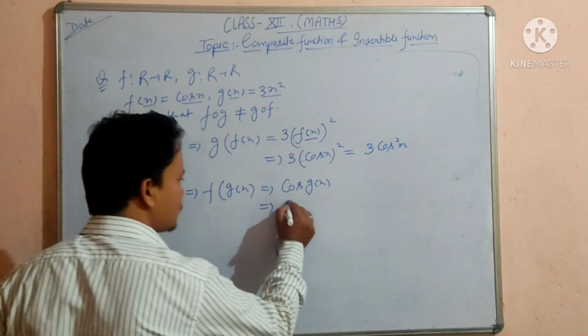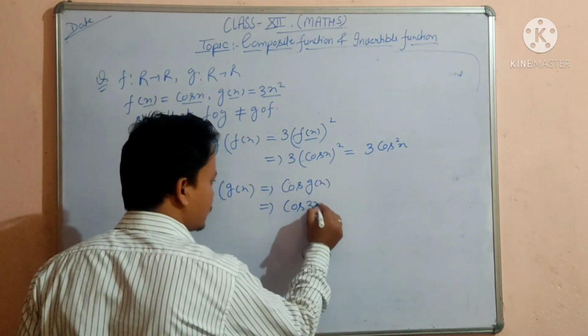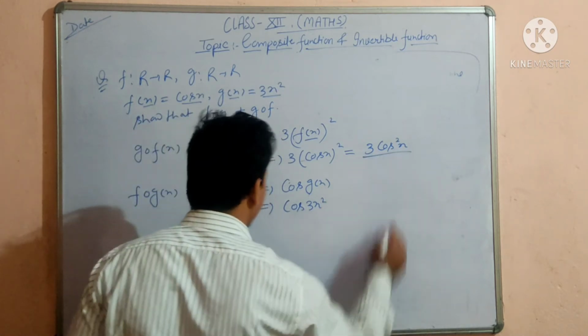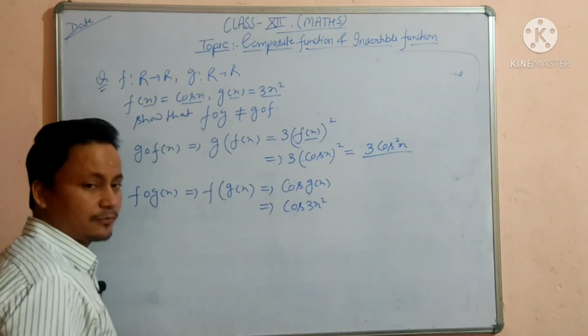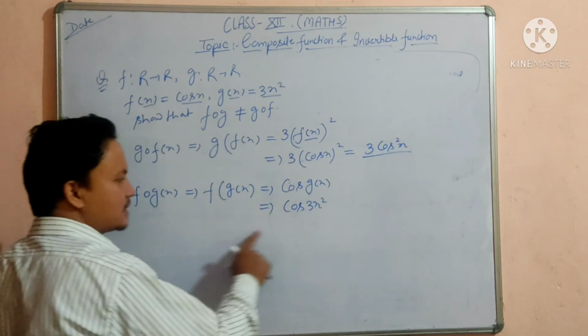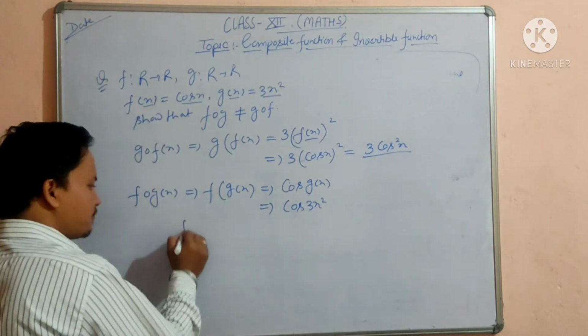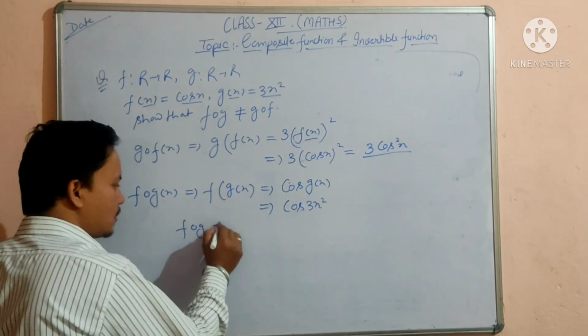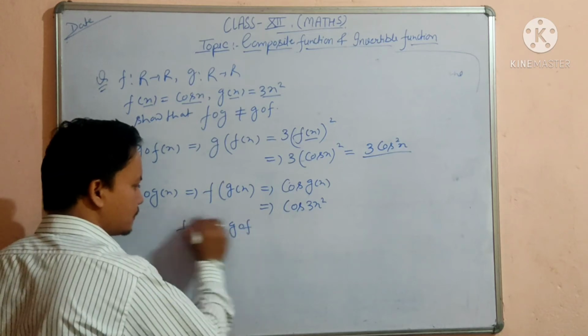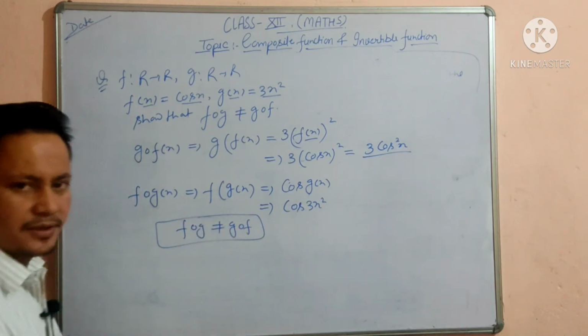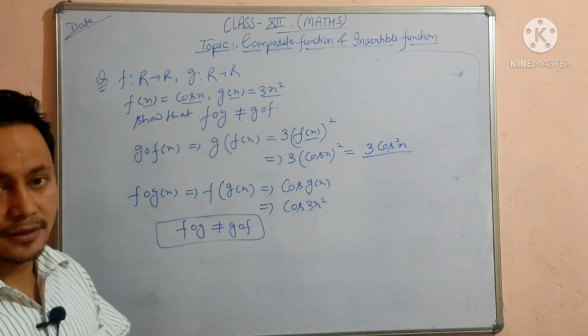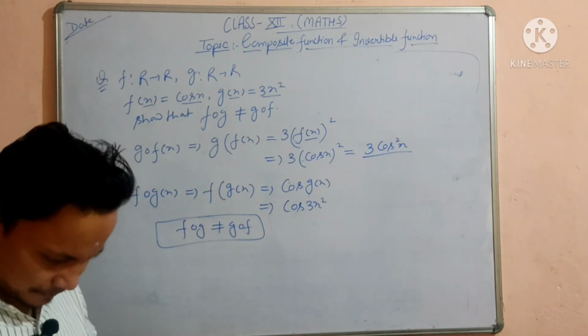This will be cos of 3x square. Now you can check: the value of GOF is 3 cos square x, and the value of FOG is cos 3x square. So it is clear from the answer that FOG does not equal GOF. I hope you are getting my point and able to understand how the question has to be done.